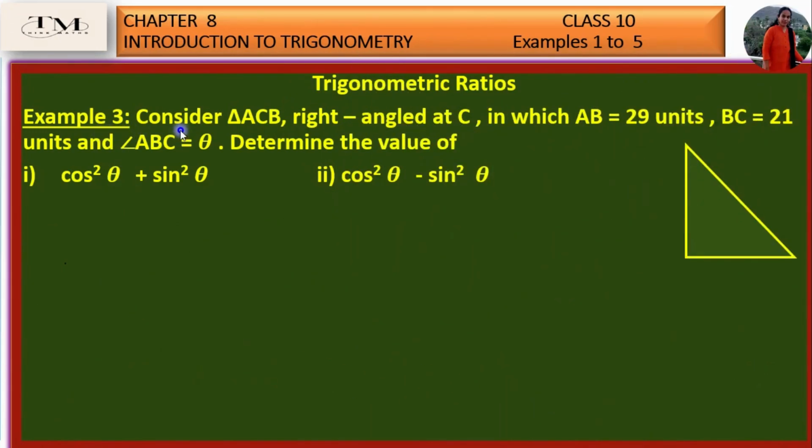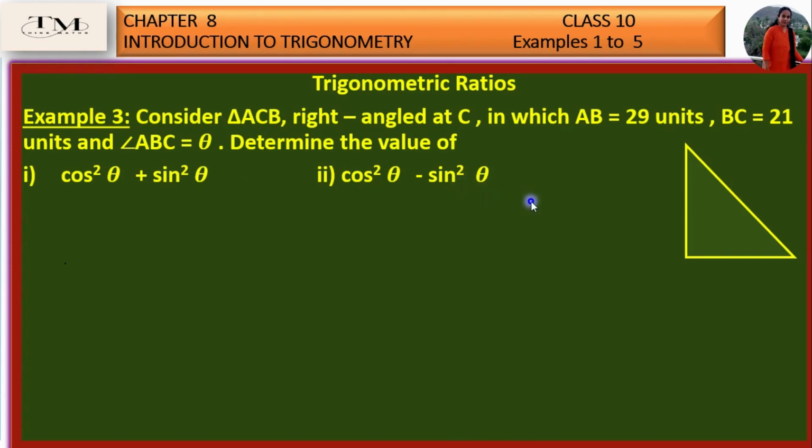Example 3. Consider triangle ACB right angled at C, in which AB is equal to 29 units, BC equal to 21 units and angle ABC equal to theta. Determine the value of cos square theta plus sin square theta, cos square theta minus sin square theta. Here some values are given.